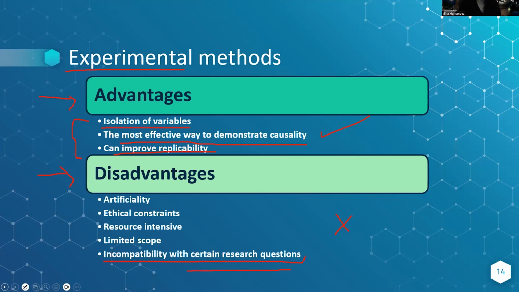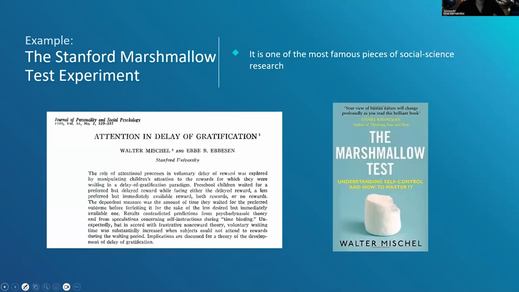And they are resource intensive. Usually you need a bigger sample and a lot of money and time to conduct them, and they can be limited in scope because you cannot generalize, because of the artificiality during the experiment. So it has its advantages and disadvantages that I want you to know.